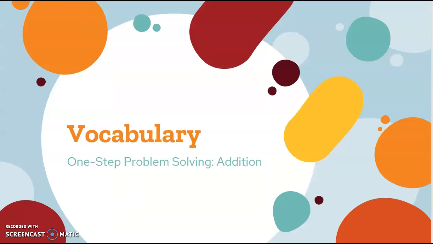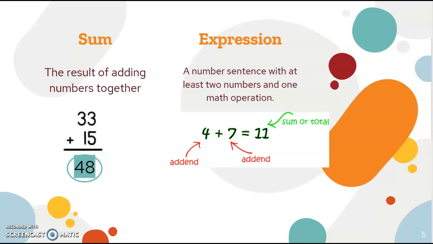Before we get into our lesson for actually solving, I want to review some of the vocabulary that we've learned this week for addition and subtraction. So I'm going to quickly go over the vocabulary words. We know that sum is the answer to an addition problem. An expression is nothing more than a number sentence with at least two numbers and one math operation, and your math operations are addition and subtraction, which we have been studying last week.